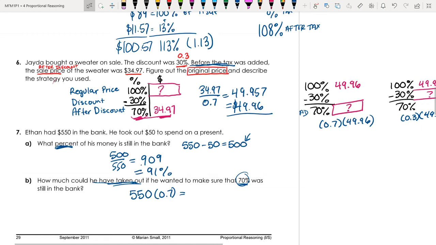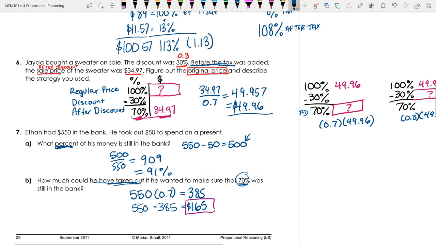And if you do that, you find that 70% of 550 is 385. And now you could do 550 subtract 385. And that difference is how much he could take out to ensure that he still had 70% in the bank.